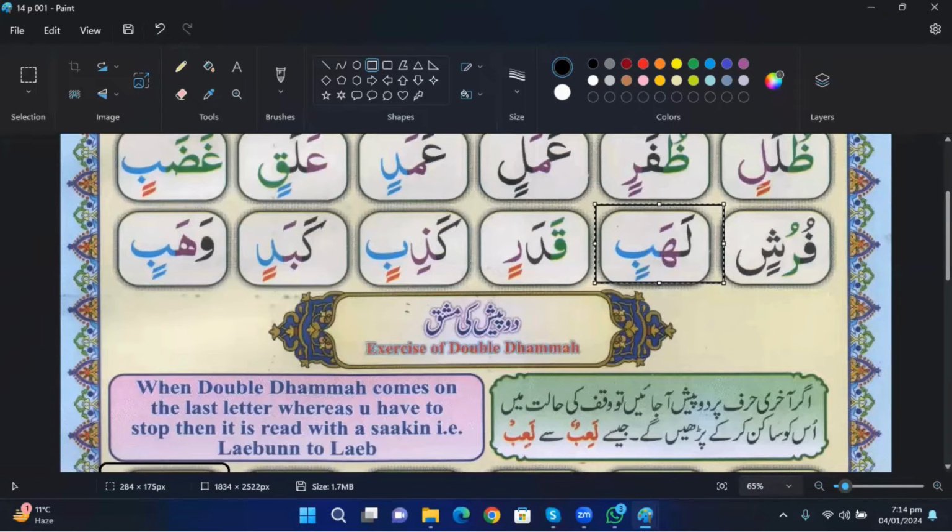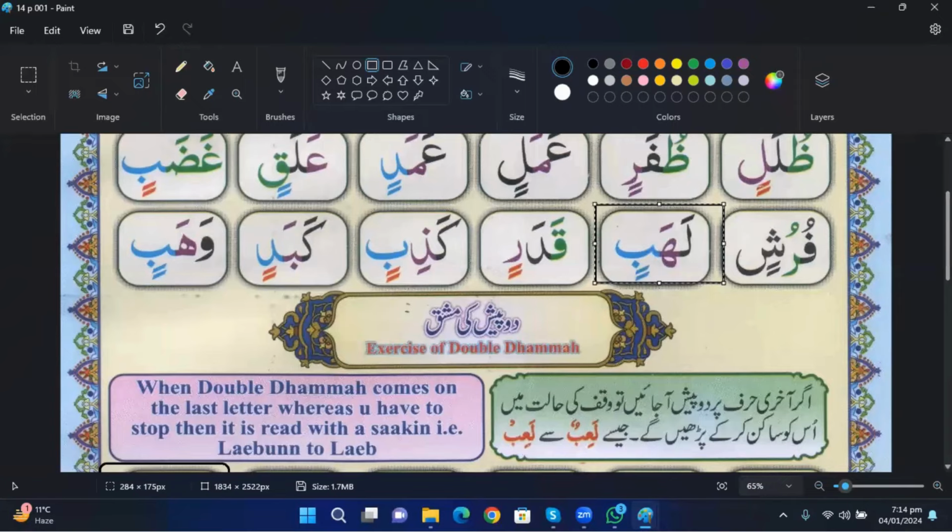So we were talking about shape of round ta or ha. So while you are going to start this topic on pen, you can write the letters ha and ta. So differentiate their shapes, that what is difference between round ta and ha, and then you can tell them that this letter is known as round ta.